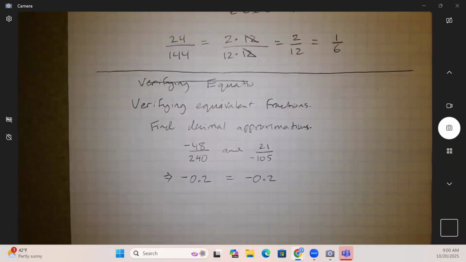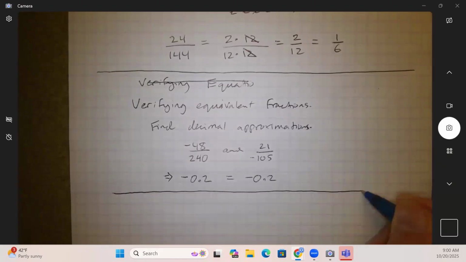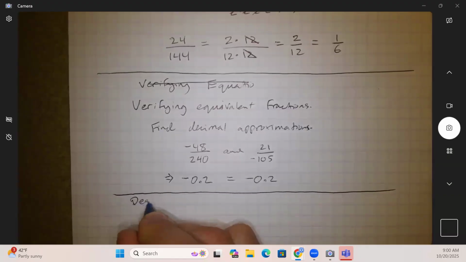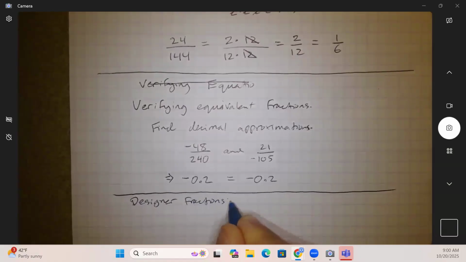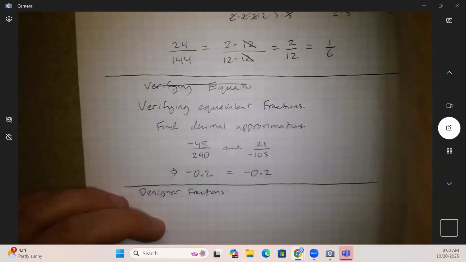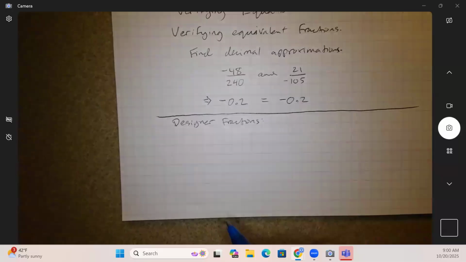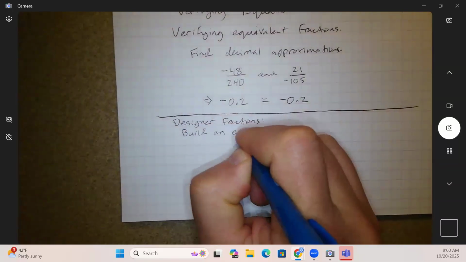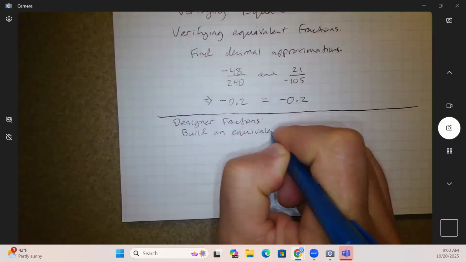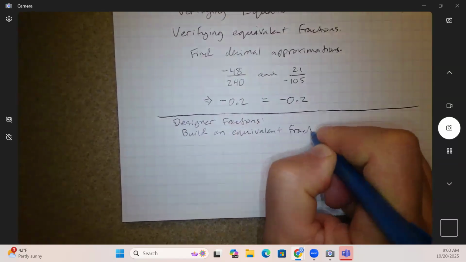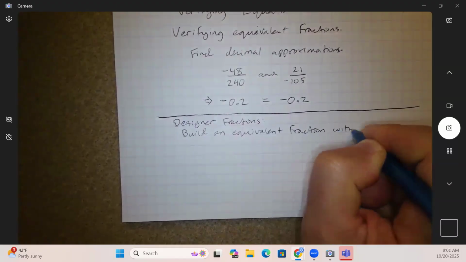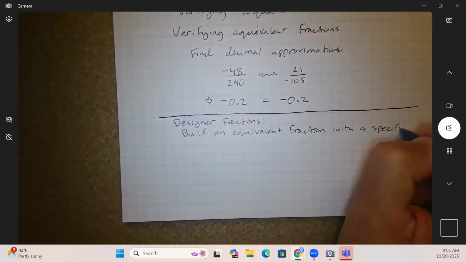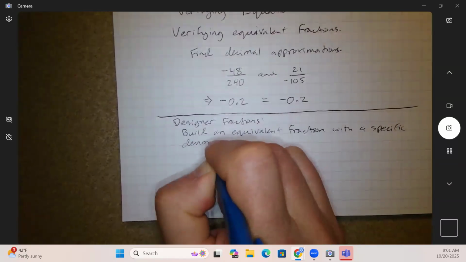And then there's an idea called designer fractions, which is building an equivalent fraction with a specific denominator.